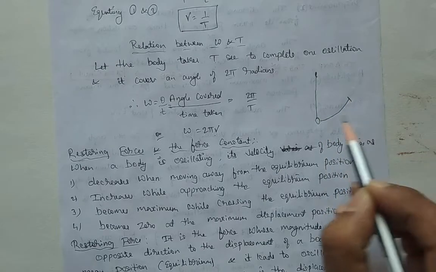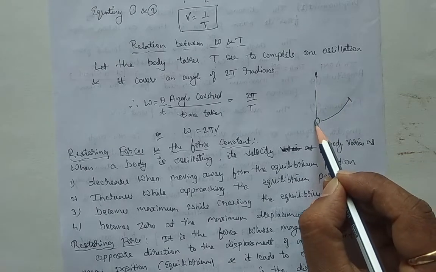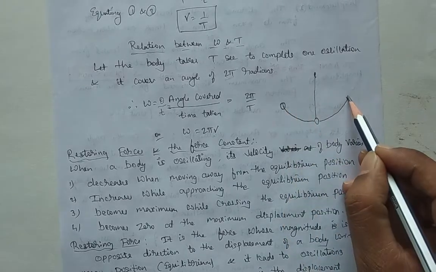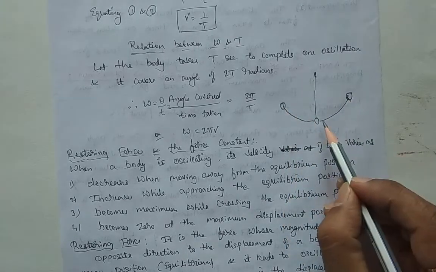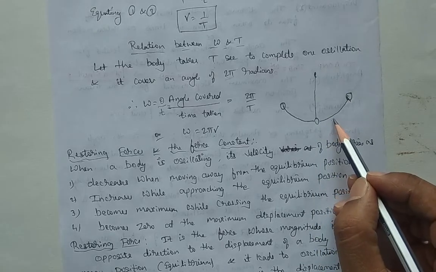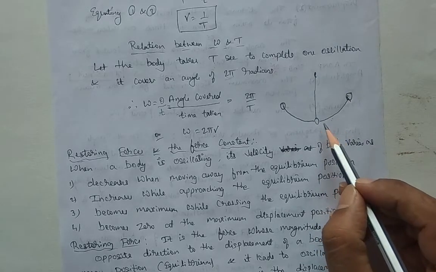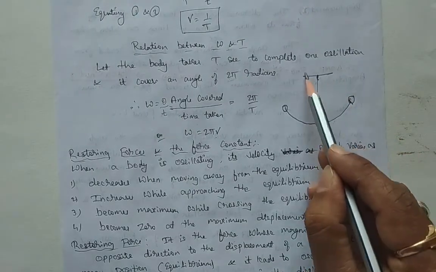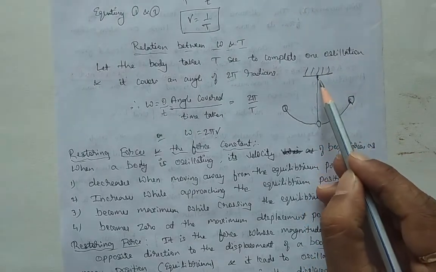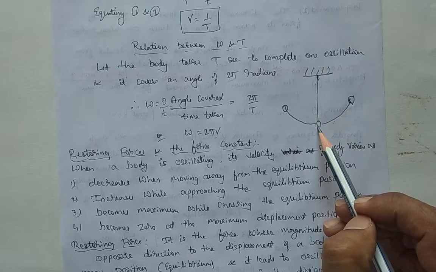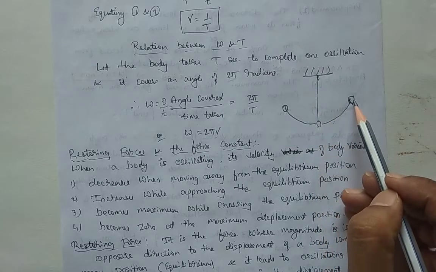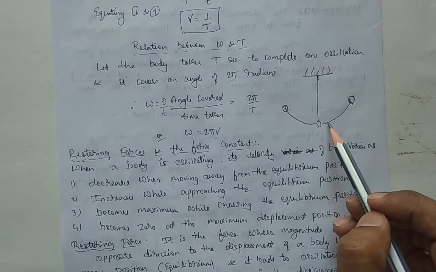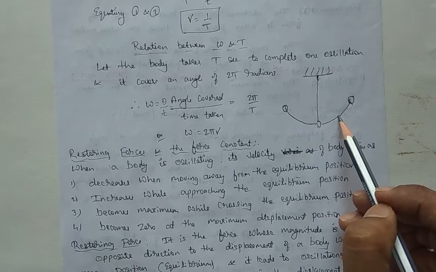It goes to the extreme end and gets back, and once again goes to the extreme end. This is how the simple pendulum is going to oscillate. This is the mean position, or the equilibrium position, and it is connected to a rigid support. These two are the extreme positions.